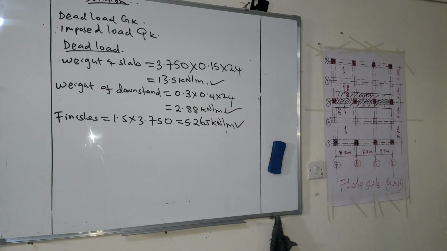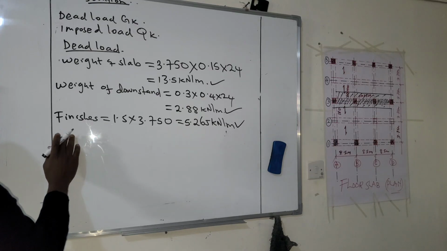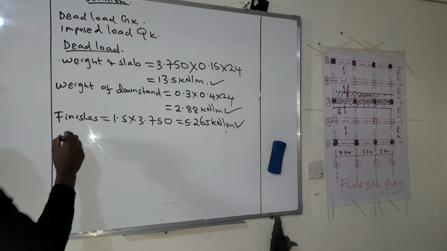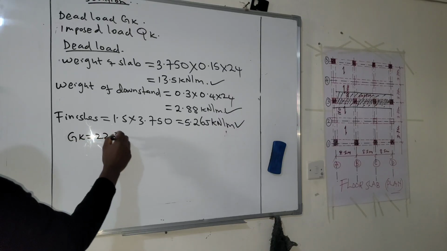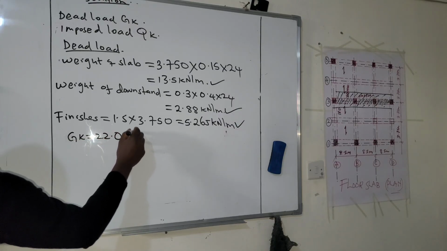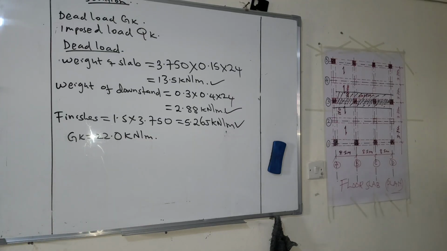So you will get 22.0 kilonewton per meter. So which is Gk. Gk is equal to 22.0 kilonewton per meter, like that.